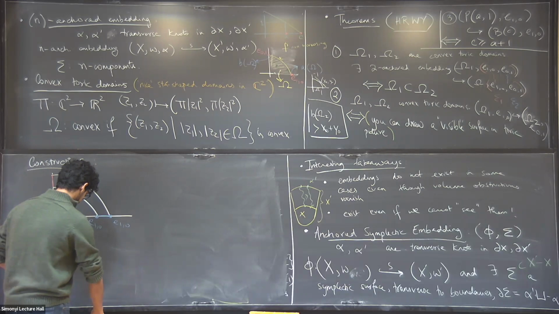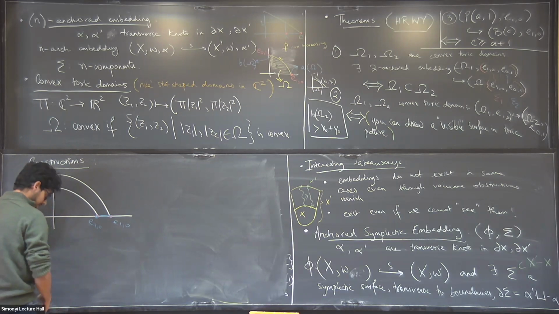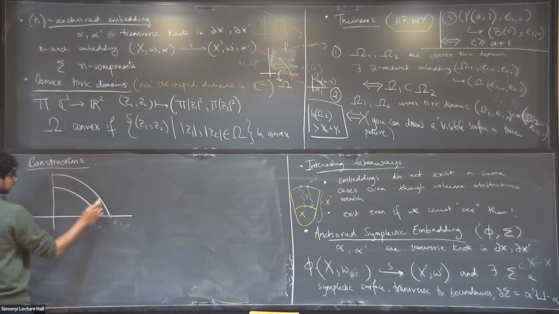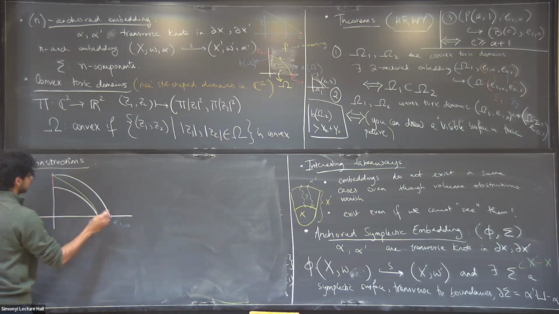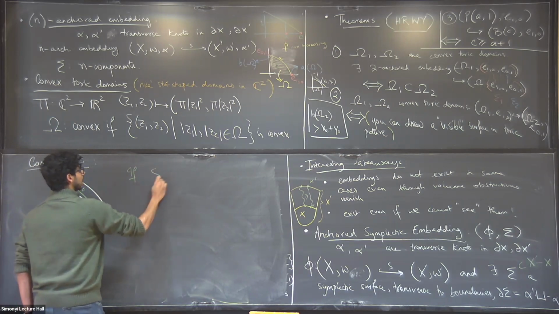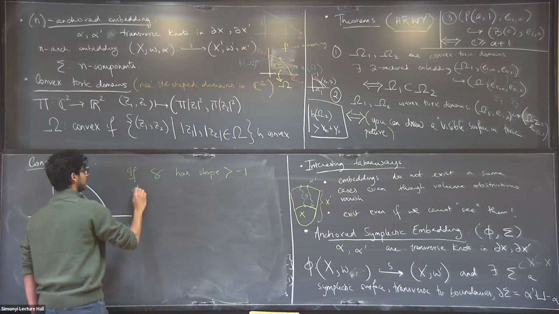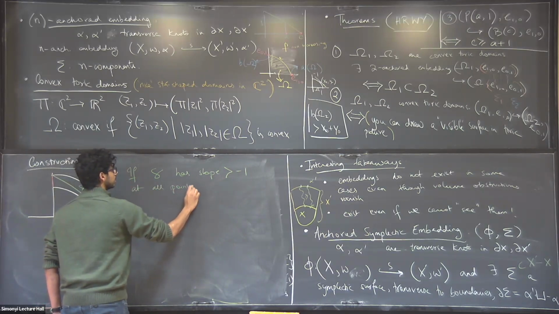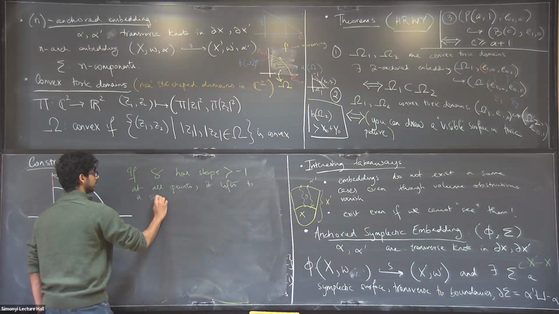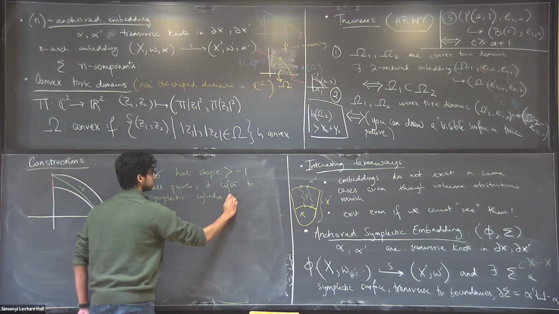And if you wanted an anchor between this knot and that, then if you draw some γ, if γ has slope bigger than -1 at all points, it lifts to a symplectic cylinder as needed.